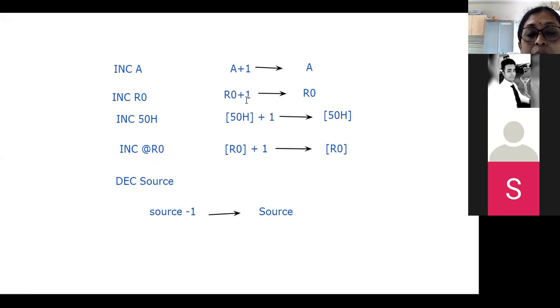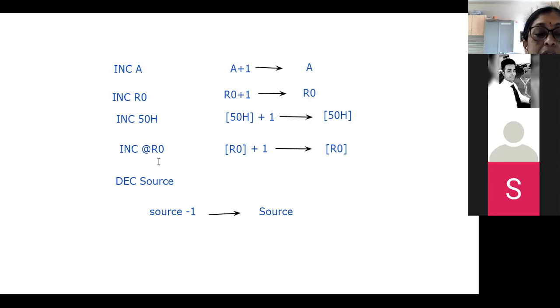That means R0 minus 1, and it will be stored in R0 only. Suppose I write DEC 50H, then the data present at memory location 50 hexadecimal will be decremented by 1. That means [50H] minus 1 will be stored in [50H].